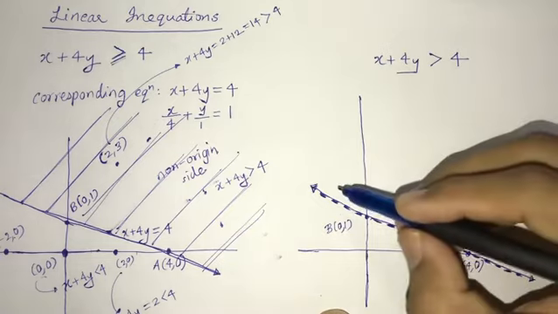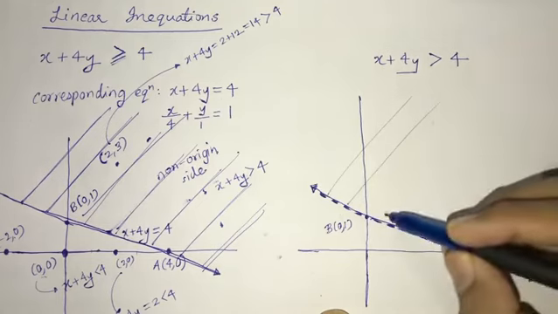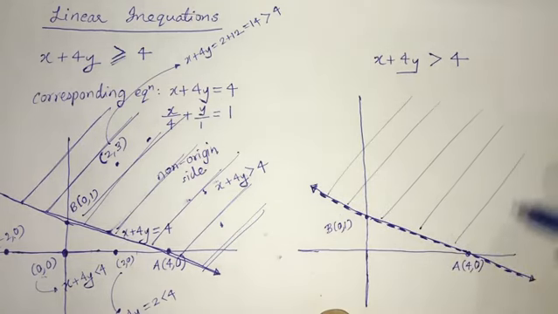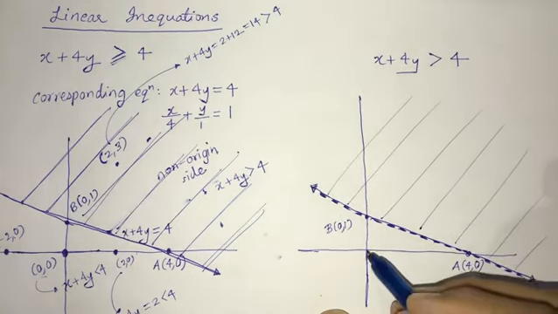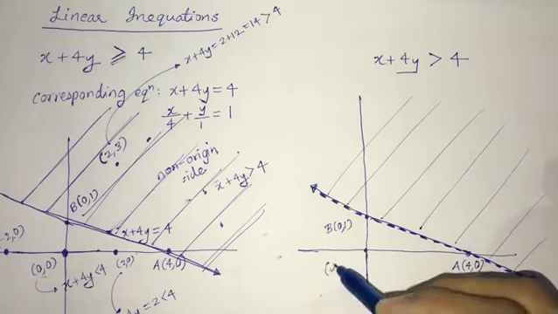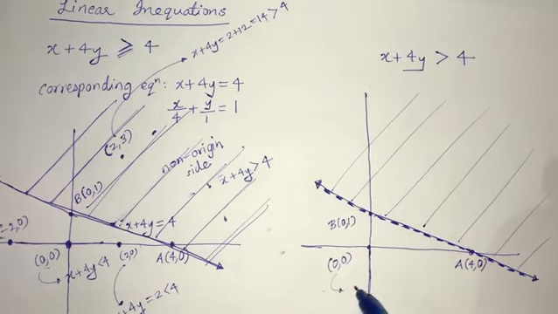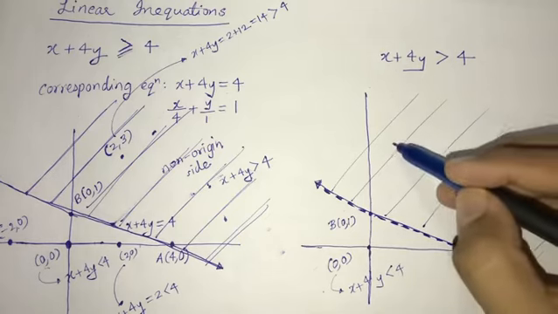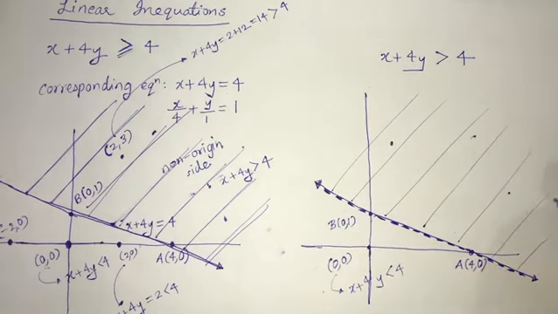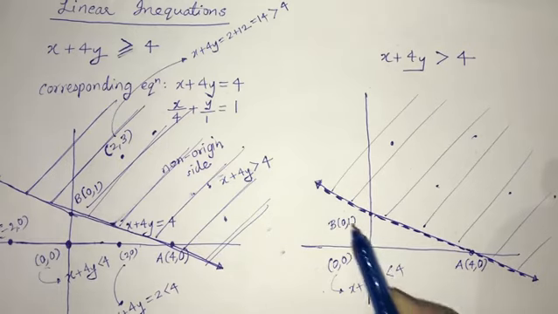So I get the points on this side, the non-origin side. I'll put the origin, and after putting the origin, I'll realize that the origin satisfies the other region. The origin satisfies x plus 4y less than 4. So there will be points here which will satisfy x plus 4y greater than 4. The points on the straight line will satisfy x plus 4y equal to 4, which are not to be taken.